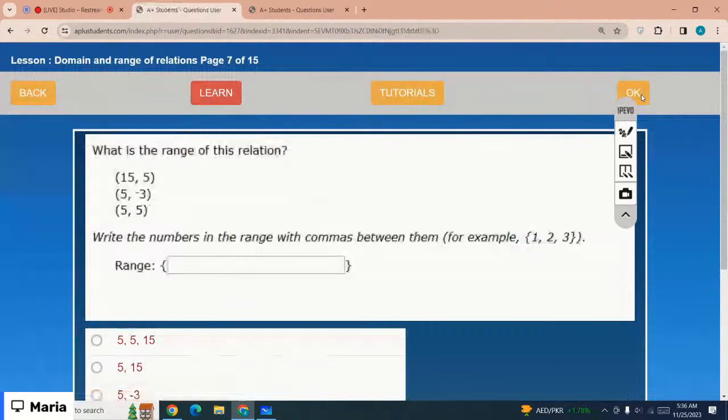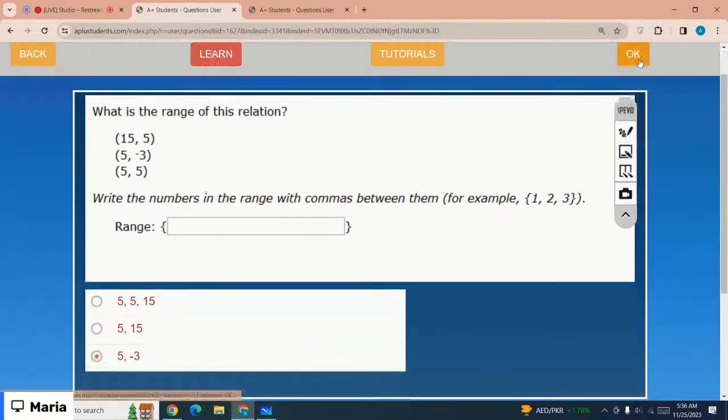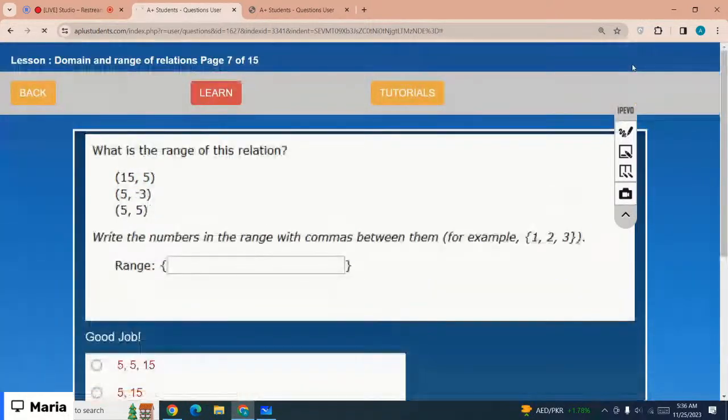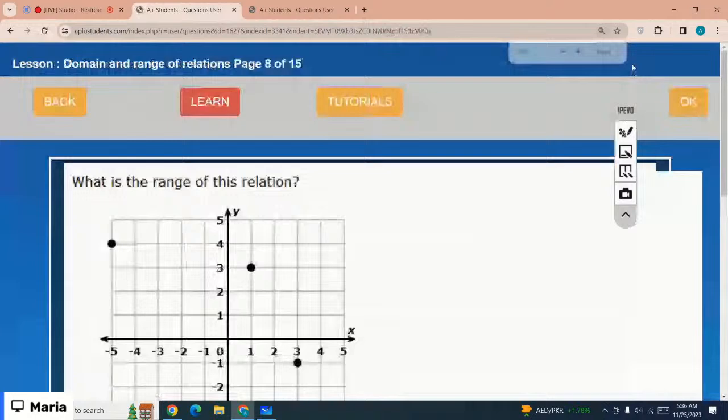What is the range of the relation? That is 5 and -3, right? Option number 3 is the correct option. What is the range of the relation?